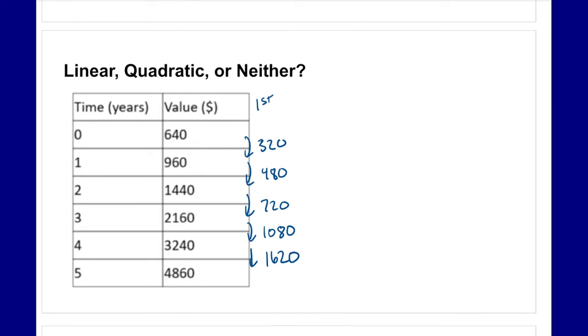So again, by first glance, it was probably obvious that the first differences were not the same, which is okay, but we still need to go through and figure out what our second differences are to see if it's quadratic. Again, by looking at the values, we could probably guess that they're not going to be the same, which we can already see after the first two.